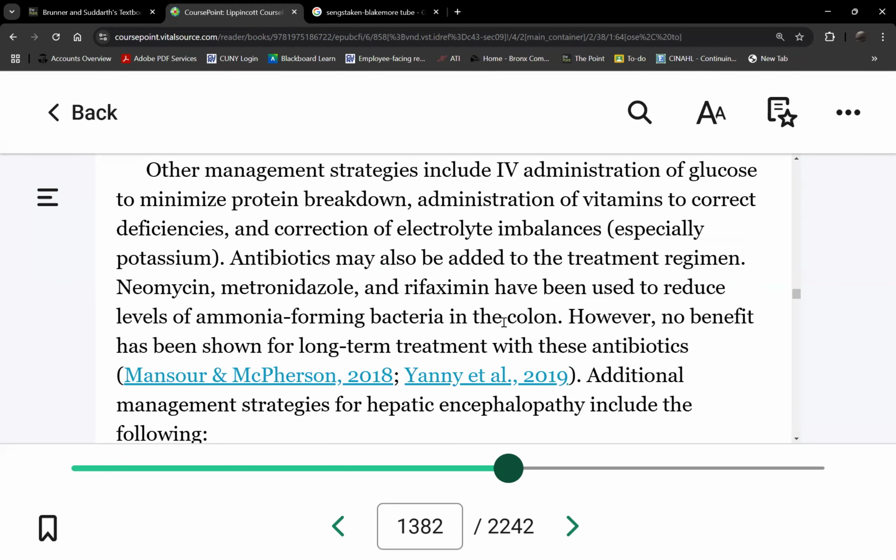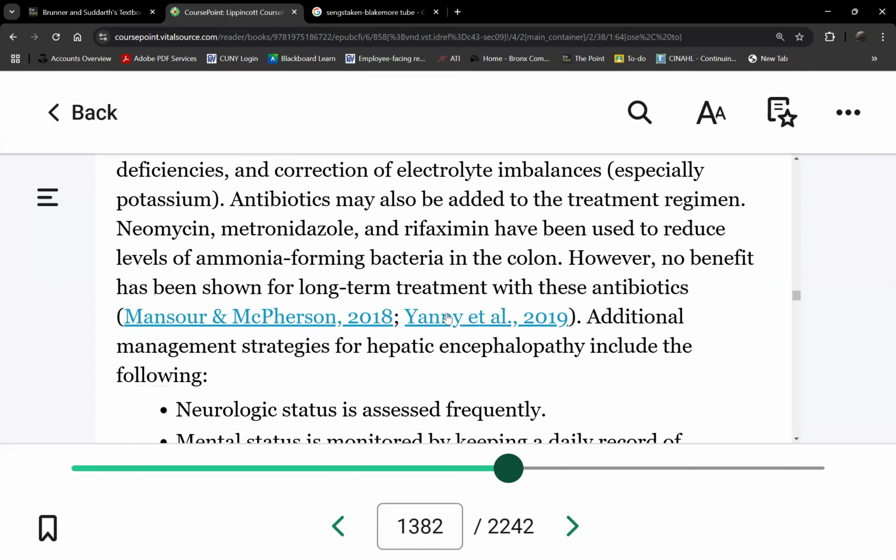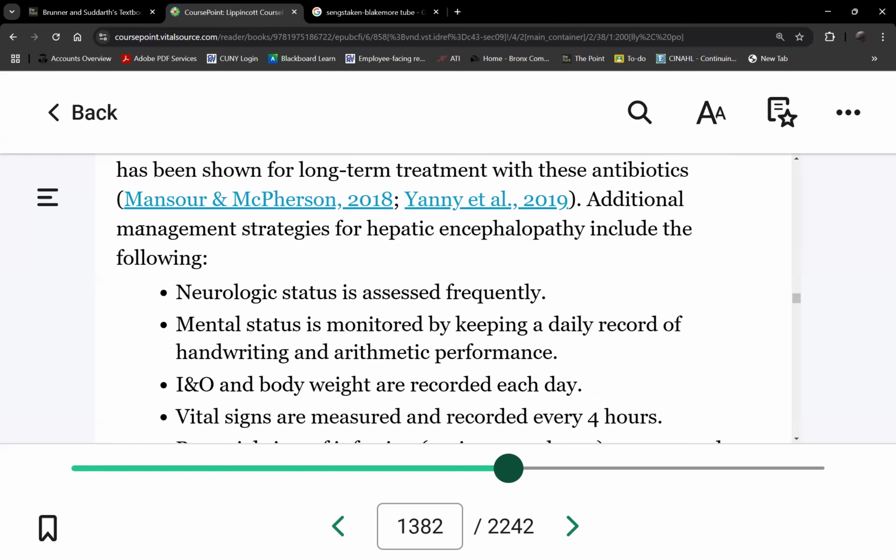What's the goal again for these? 2 to 3. Although there's no titration here, because with antibiotics it's a flat prescription. Unlike lactulose, where you can give 1, 2, or 3 doses, with these antibiotics you give it or you don't.